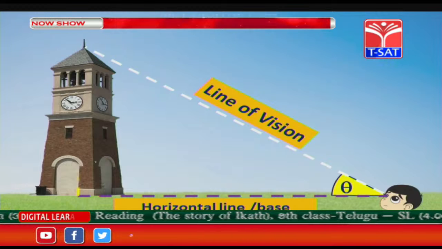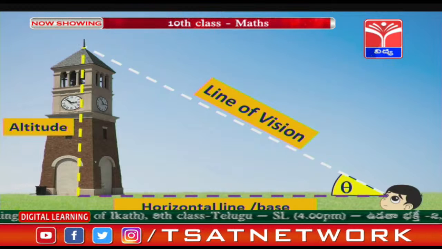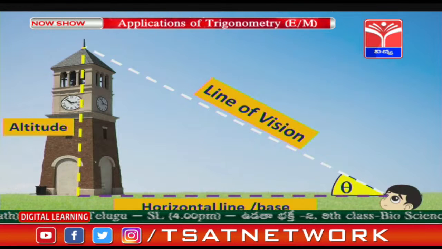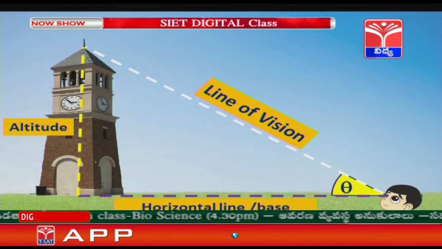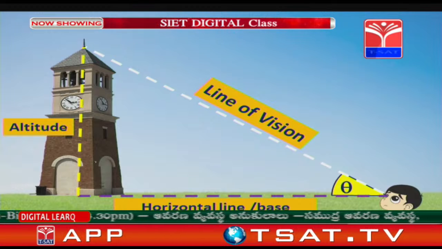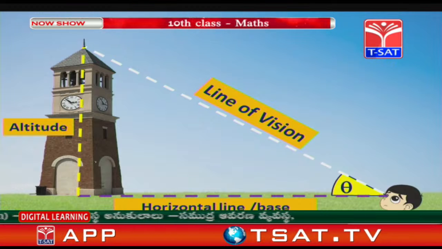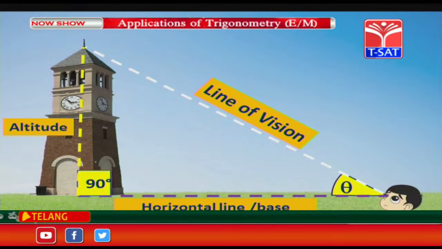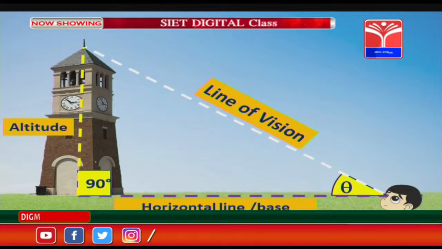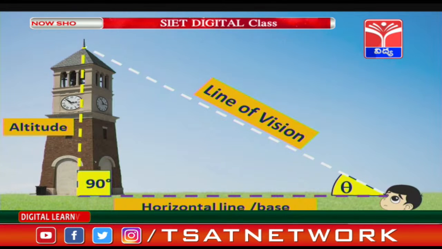Theta. Now, what is this? Altitude. So, this is the altitude which gives you the height of the watchtower, is it right? The height of the watchtower we can say here, and now both are 90 degrees to each other. So, this is again going to form a right triangle, isn't it?